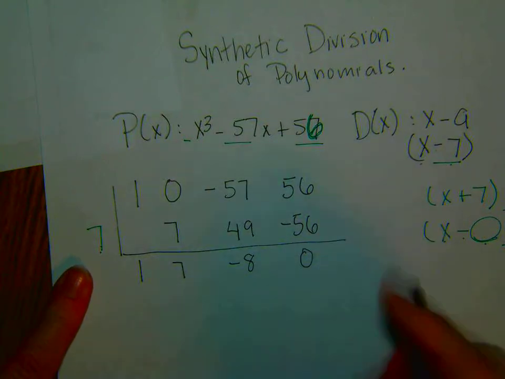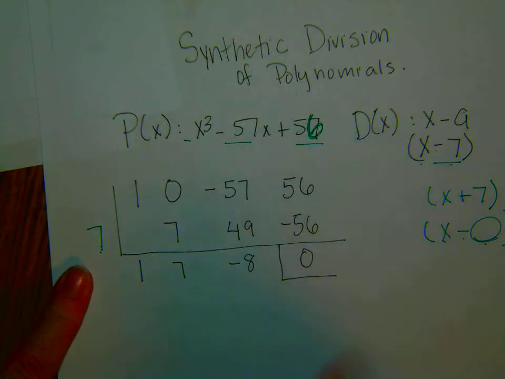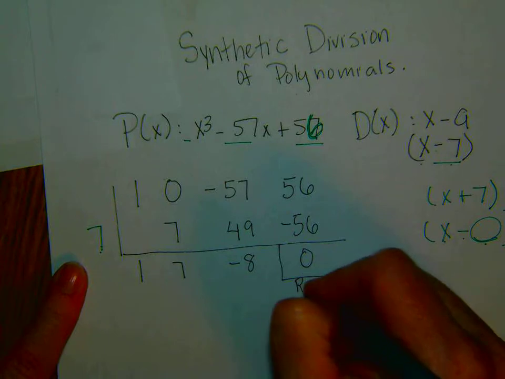We've come to the end, so what we do with synthetic division is block off the last number, whatever it is. In this case, our last number is a 0. This number, whatever it is, is the remainder.